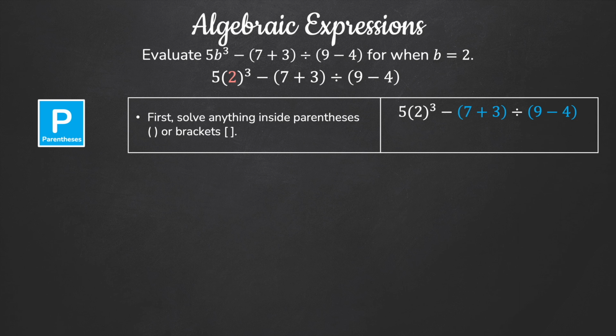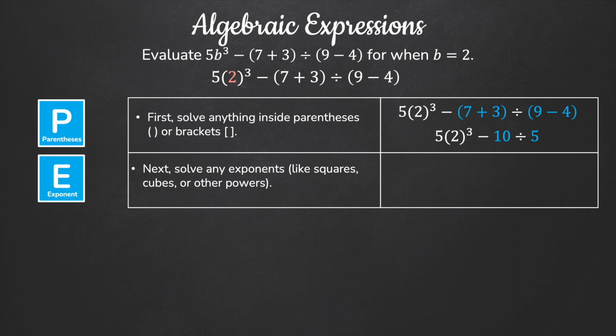I know we have the 2 inside the parentheses for 2 cubed, but there's nothing else you could do with the 2, so we're going to leave that alone. But in our next set of parentheses, we have 7 plus 3, which is equal to 10. And then we have 9 minus 4, which is equal to 5.